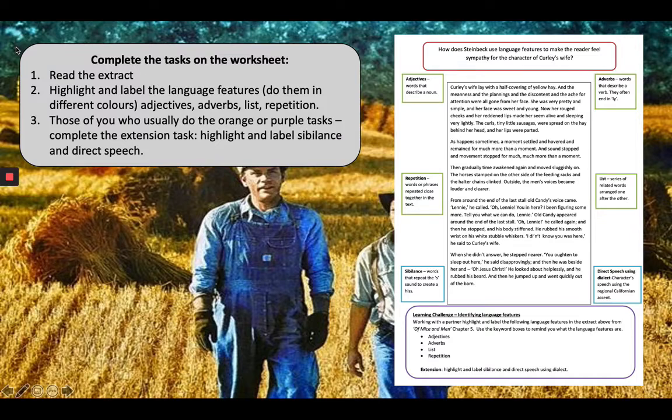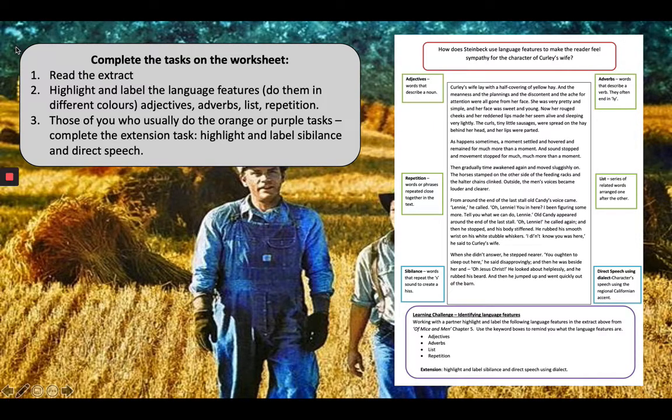The horses stamped on the other side of the feeding racks, and the halter chains clinked. Outside, the men's voices became louder and clearer. From around the end of the last stall, old Candy's voice came. "Lennie," he called. "Oh, Lennie, you in here? I've been figuring some more. Tell you what we can do, Lennie." Old Candy appeared around the end of the last stall. "Oh, Lennie," he called again, and then he stopped, and his body stiffened.